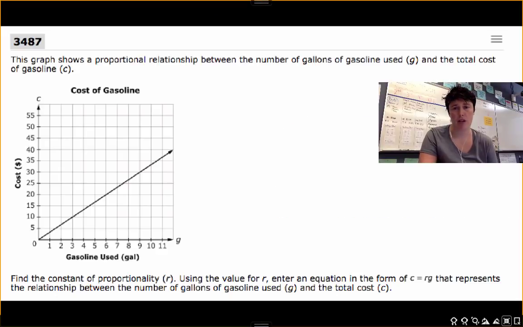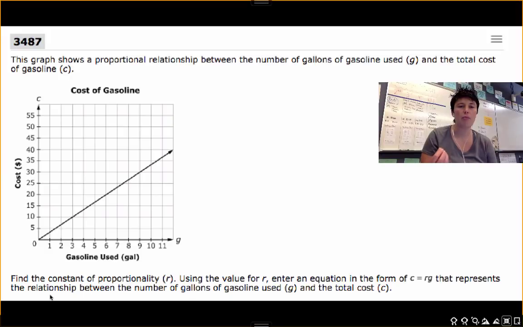Now maybe we should read the question that's down at the bottom. It says, find the constant of proportionality, R. Using the value R, enter the equation in the form C equals RG that represents the relationship between the number of gallons of gasoline used, G, and the total cost, C. As I'm reading that, it sounds like a different language, so I'm going to try to pull out what's important to me.